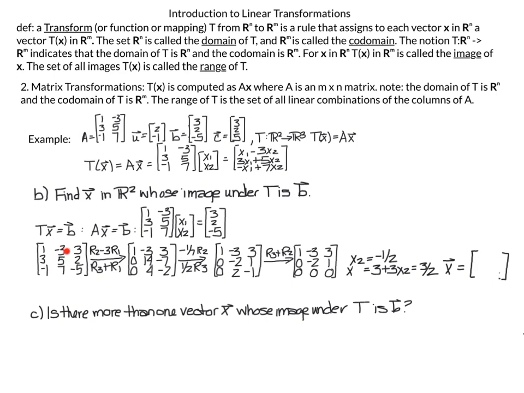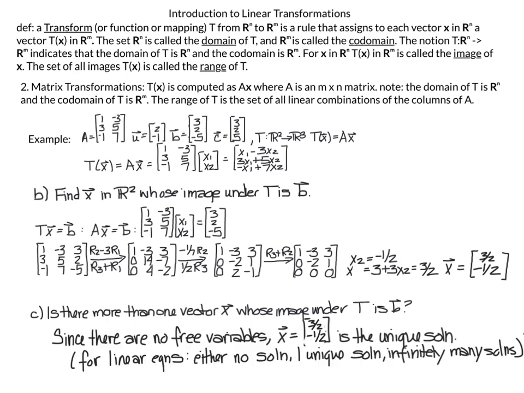I left our work for part B up because it's useful in doing part C: is there more than one vector x whose image under T is equal to B? To do that, we're going to look at how we found our solution x. Remember, for linear equations, either there's no solution, one unique solution, or infinitely many solutions.